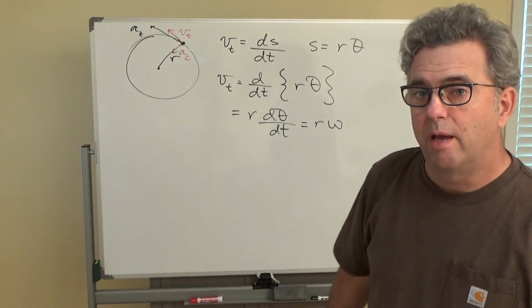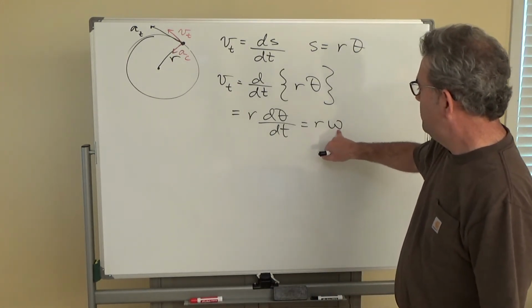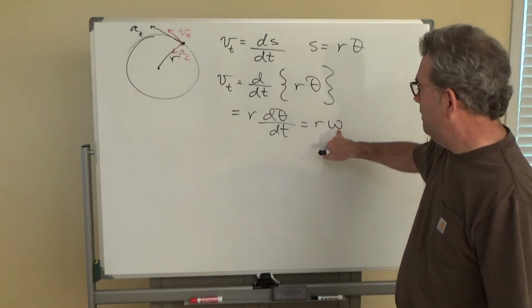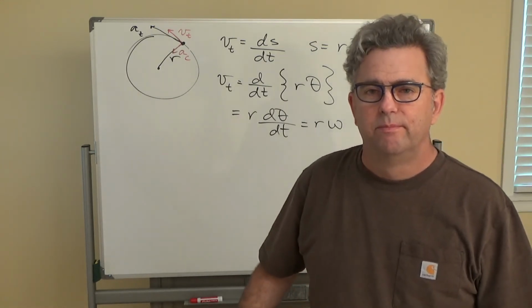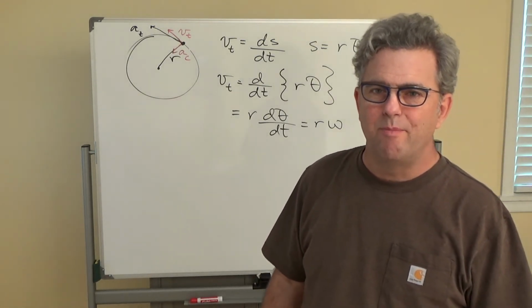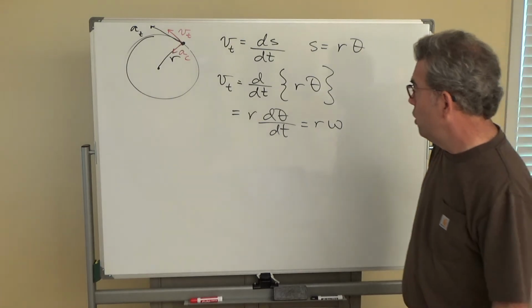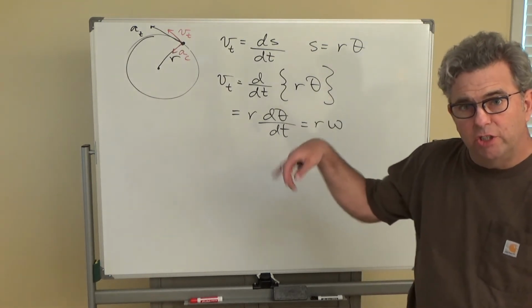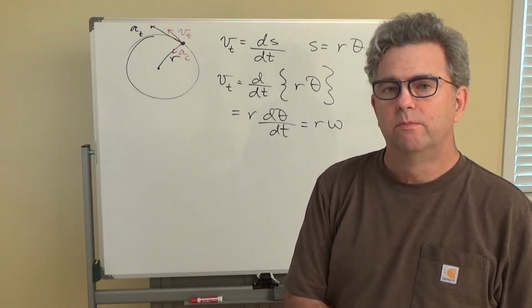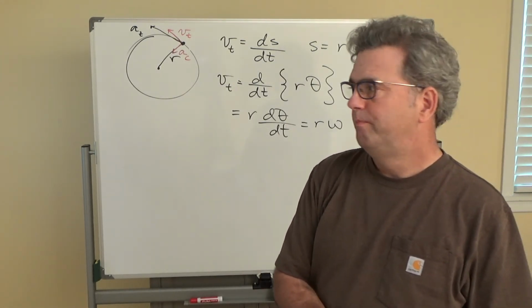Think about units. That makes sense, right? This is in radians per second. This is in meters. Radians are unitless. So this is meters per second. The tangential velocity is r omega.